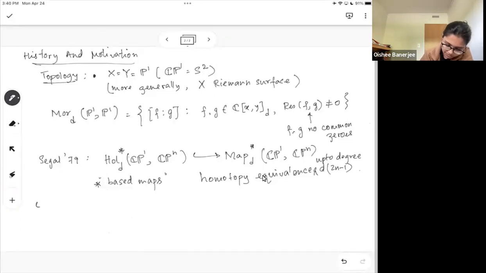So I want to mention that over C, so now the ground field is going to be C for a while, Francis Kirwan shows, I think it was in 84. I'm not 100% sure, so I'm not going to write the year.